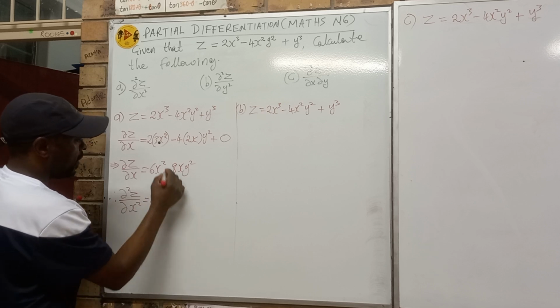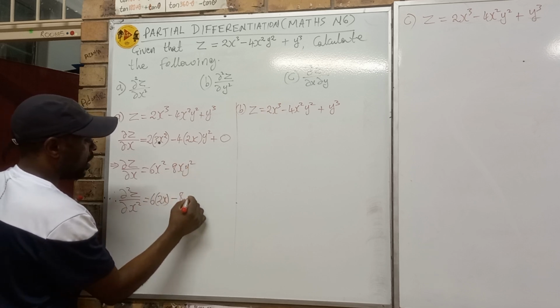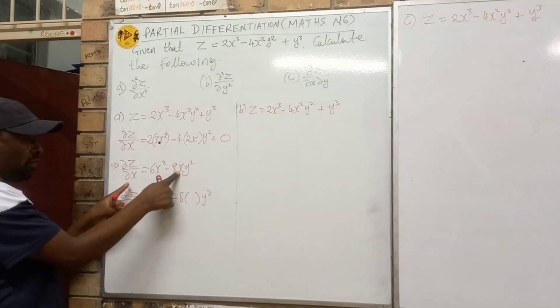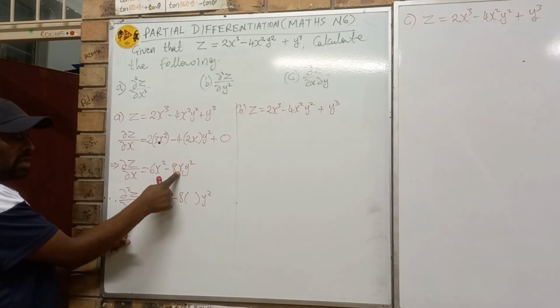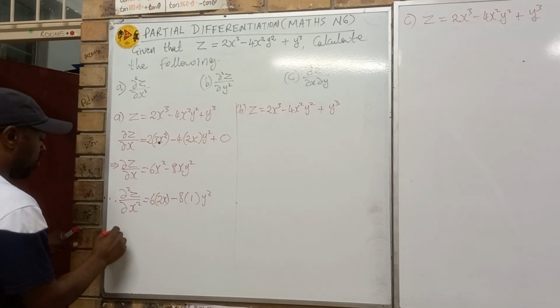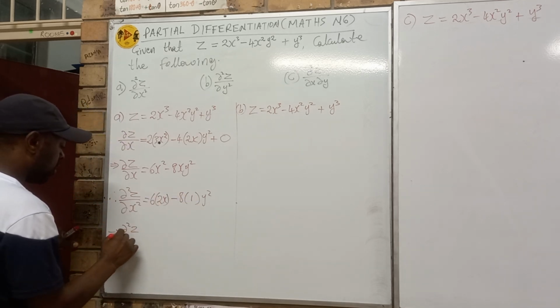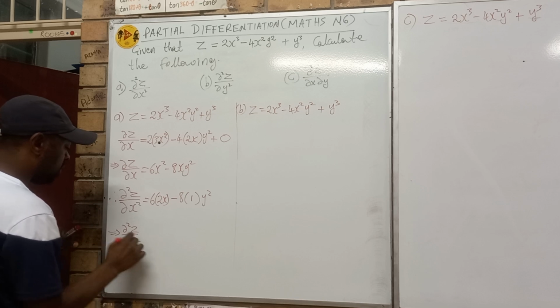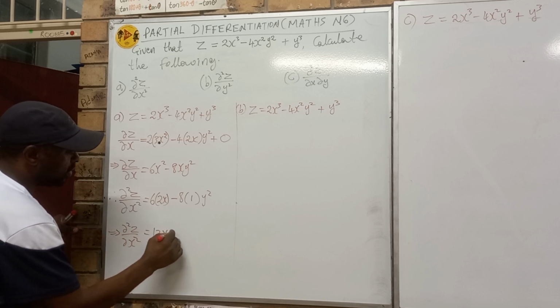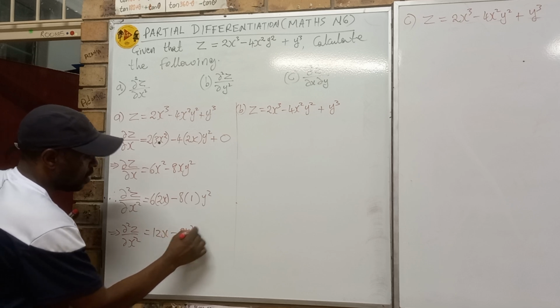Then when I move over there, I'm not allowed to differentiate y squared when I'm seeing the variable x. X is my target. So if I differentiate x, I get 1. So if I now multiply out my answer, I'll see that my second order partial derivative of z with respect to x gives me 12x minus 8y squared.